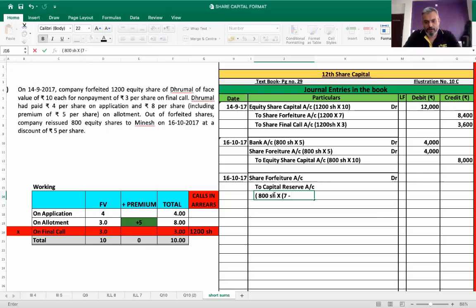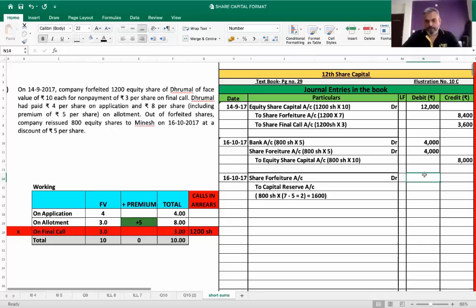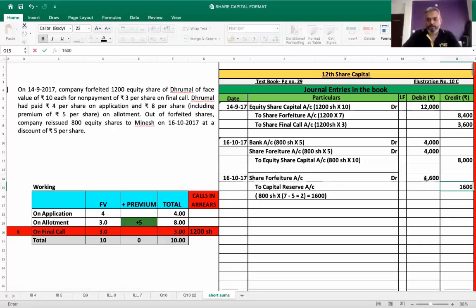We gave a discount of rupees 5 per share, which is equal to rupees 2 per share, which is equal to 1,600. So share forfeiture account debit, 1,600 to capital reserve, 1,600.